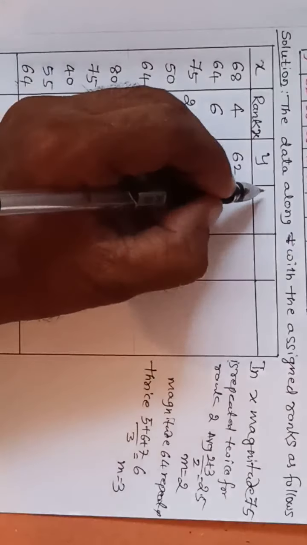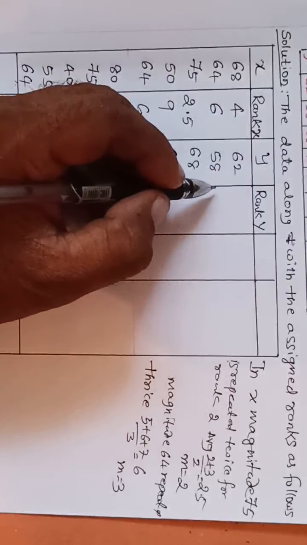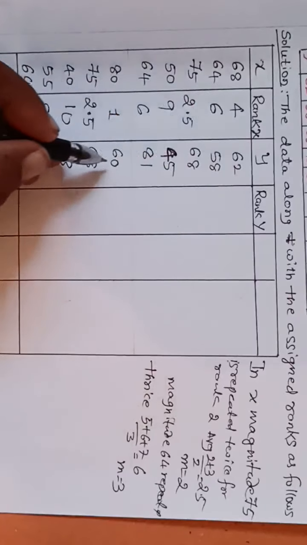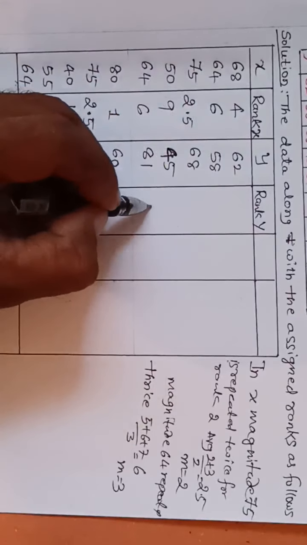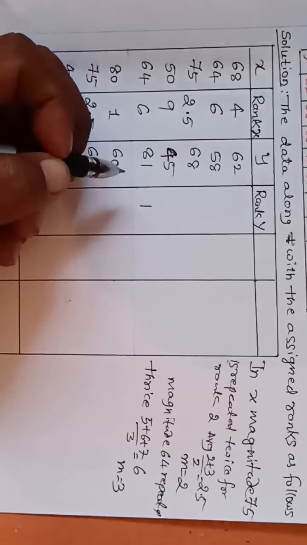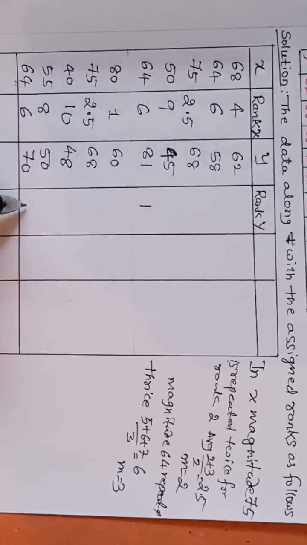In Y also we will distribute the rank. The first rank is the highest one, 81. Next, the second rank is 70.